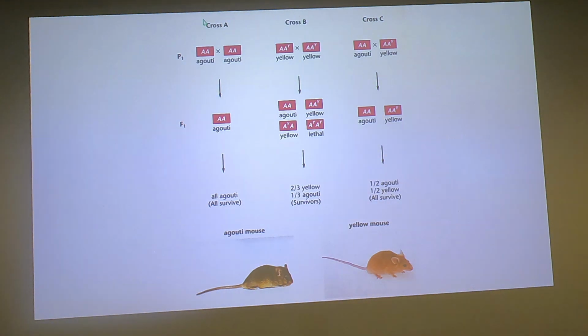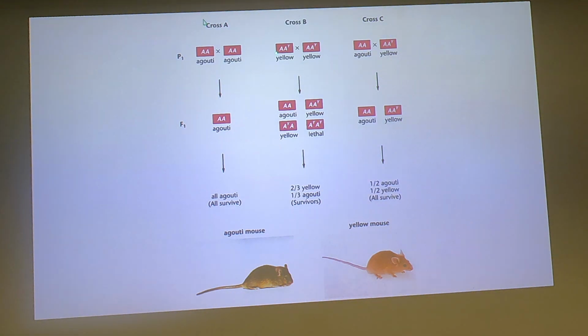So this is one example we talked about last time. This is the Agouti yellow mouse. So yellow mice, we're looking at here, they are going to be heterozygous for the yellow allele. That's what we see up there, A superscript Y. That's the yellow allele.